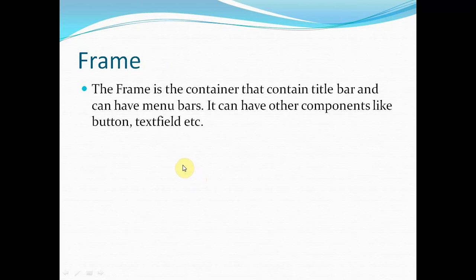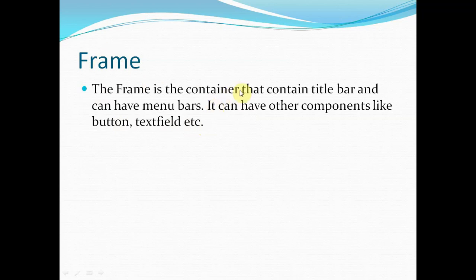Now we go to discuss frame window. The frame window is the container that contains a title bar and can have menu bars, and also it is used to hold some GUI components like buttons, text fields, etc. So simply, frame is a container.